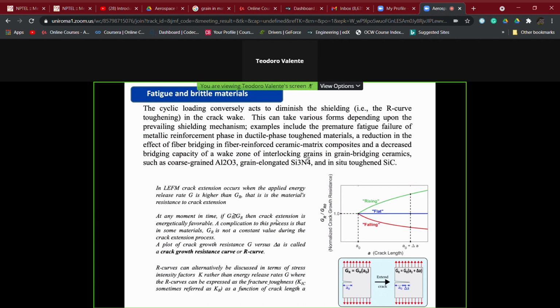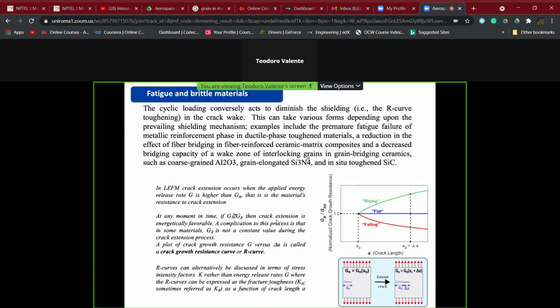Let's call it GR, which is the material's resistance to crack propagation, to crack extension. At any moment in which G is higher than the critical value, the crack extension is energetically favorable, because this means we have an energy released by the advance of the fracture itself higher than that which is required to create new surfaces.